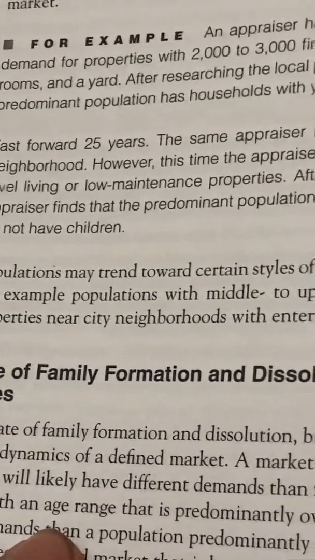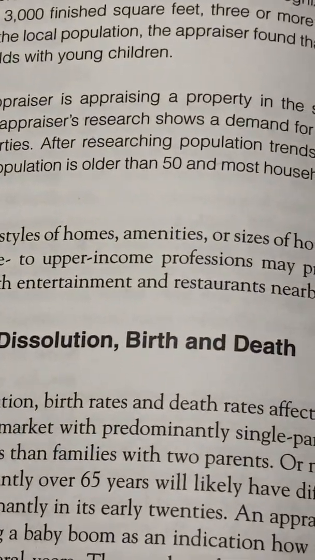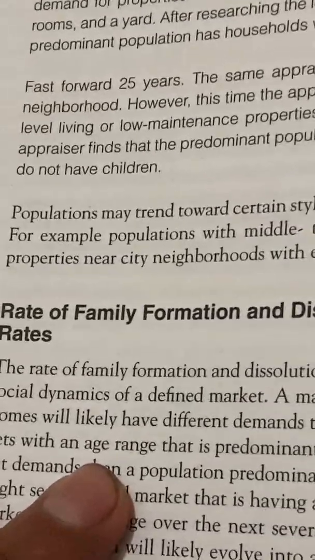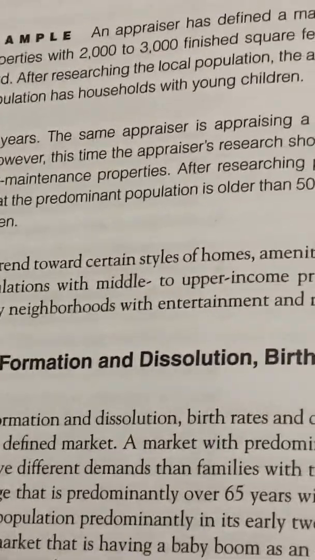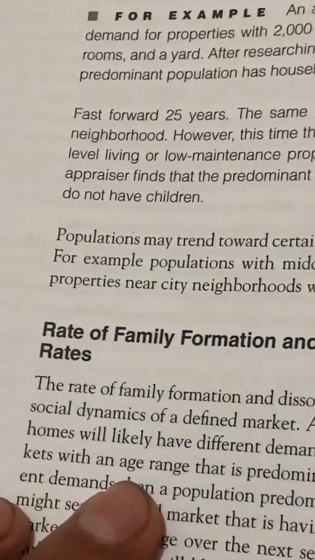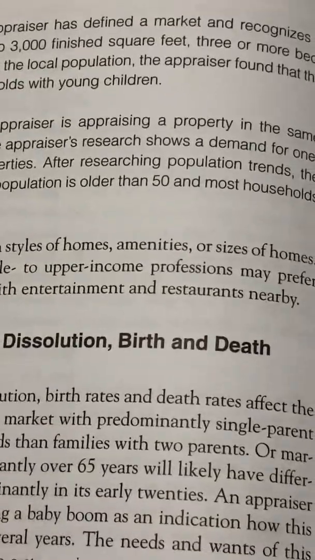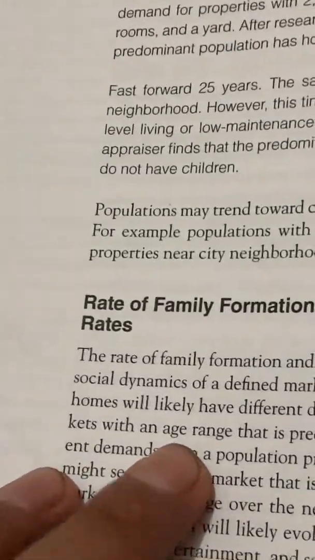Populations may trend toward certain styles of homes, amenities, or sizes of homes. For example, populations with middle to upper income professions may prefer properties near city neighborhoods with entertainment and restaurants nearby.